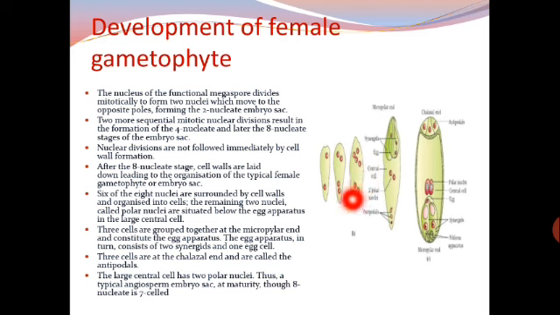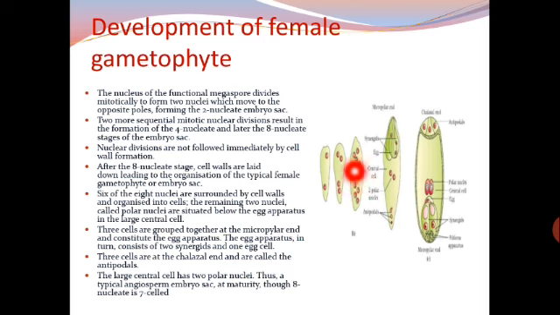After this 8 nucleate stage, cell walls are laid down, leading to the organization of the typical embryo sac or typical female gametophyte. So here you can see 8 nuclei are present. Now these 8 nuclei will get organized into a typical female gametophyte. How are they getting organized now?